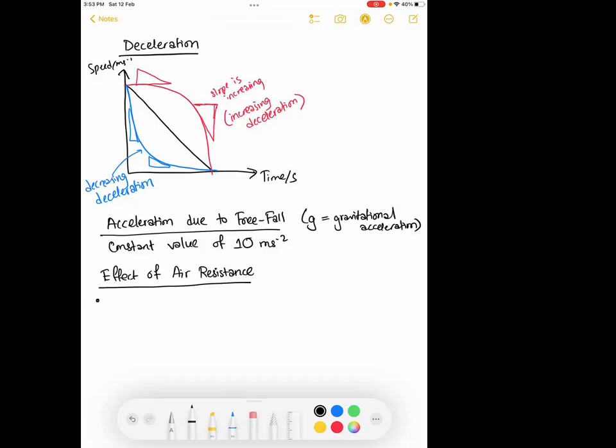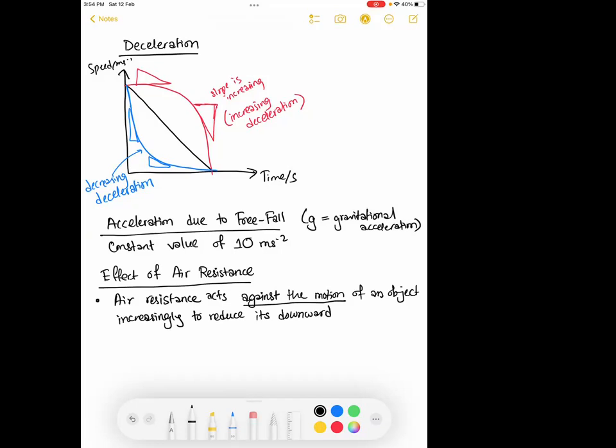If we write it down, against the motion, to reduce its downward acceleration, not speed.